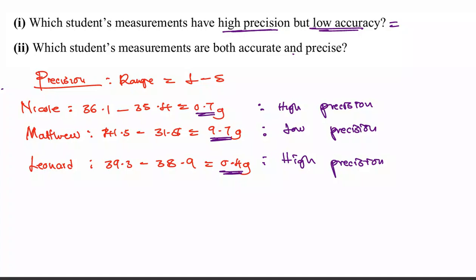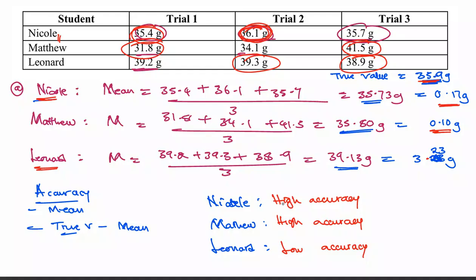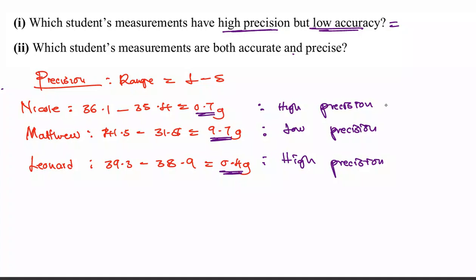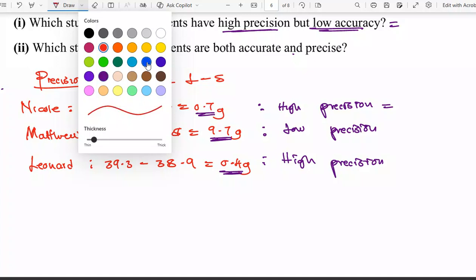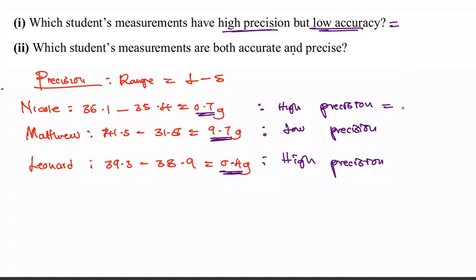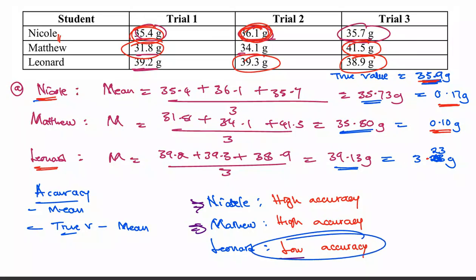Let's remember from the accuracy part, Nicole and Matthews had high accuracy, and only Leonard had low accuracy.